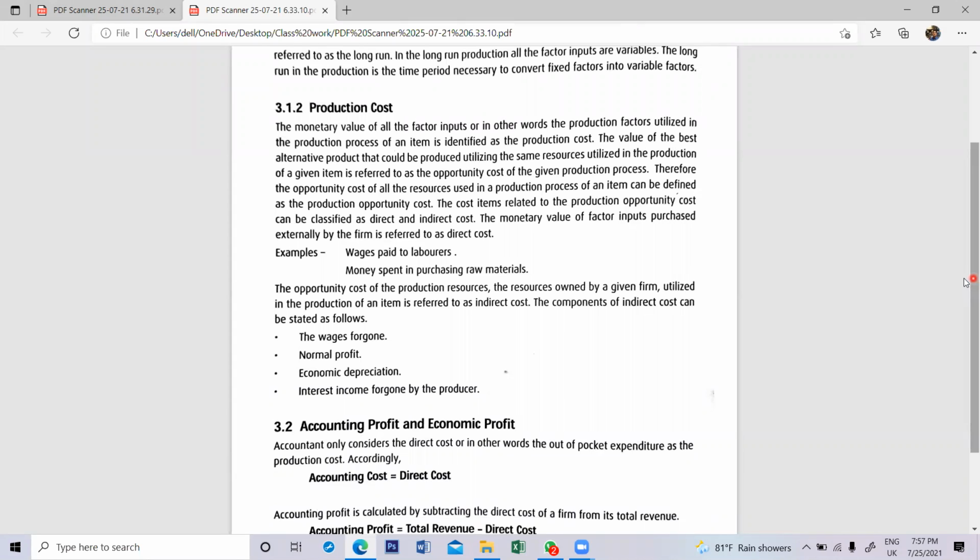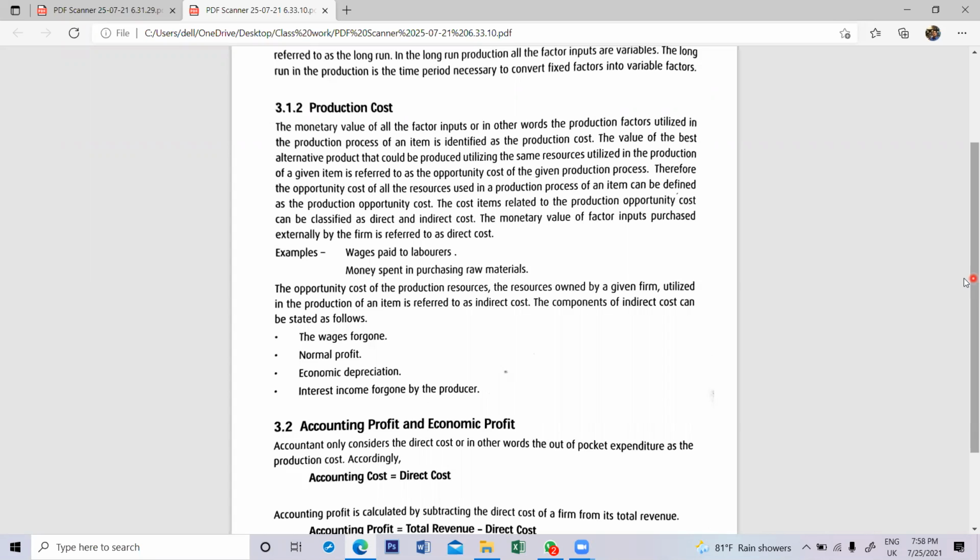If someone spends money for the production of goods, a businessman would have employed money, use money to buy some stuff for production resources. So it is called financial expenditure. In other words, direct cost.